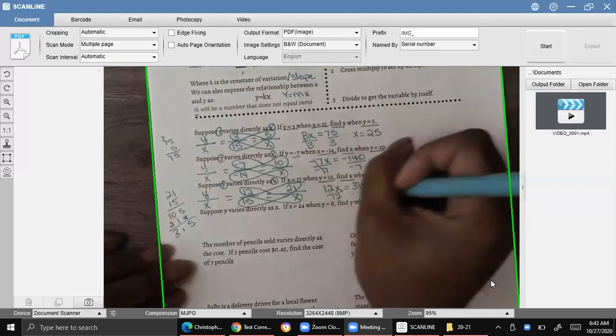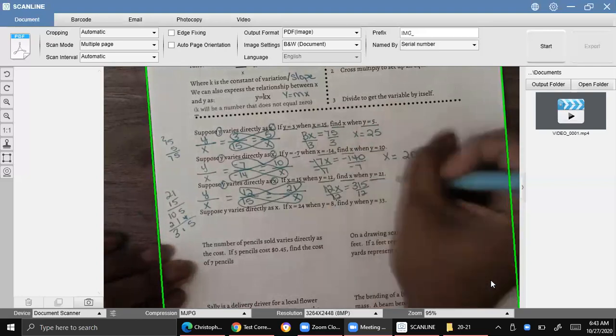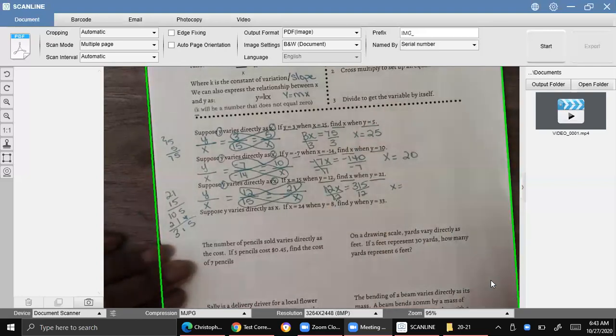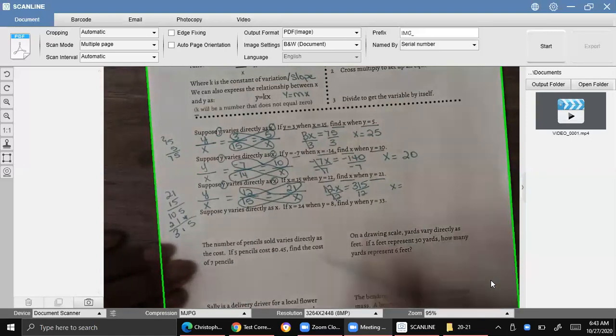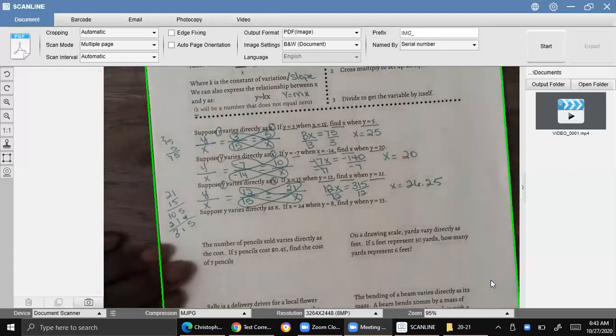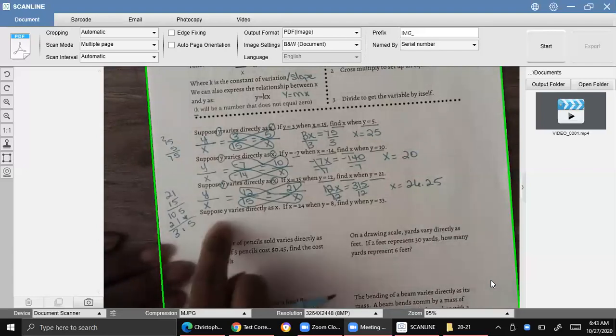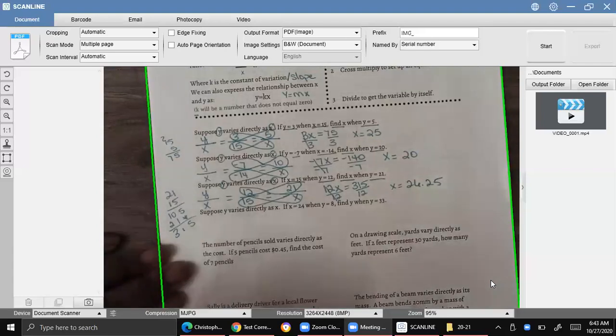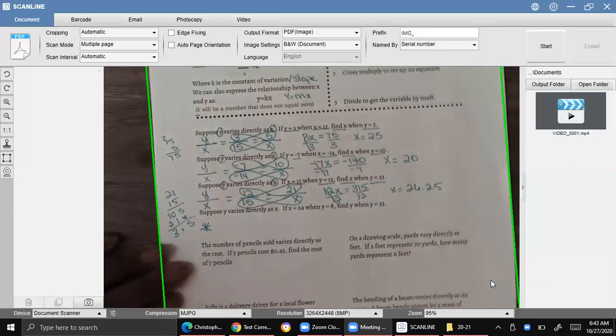Lastly, we need to divide to get the variable by itself. So x equals, I'm going to do 315 divided by 12, 26.25. Okay. And then I want you on your own to go ahead and do the last one. Pause the video, complete it, and then come back.